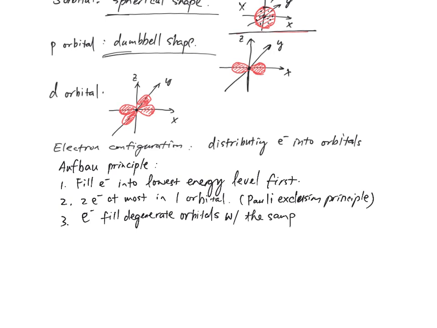The same spin, unpaired. First. And this individual rule is also called Hund's rule.